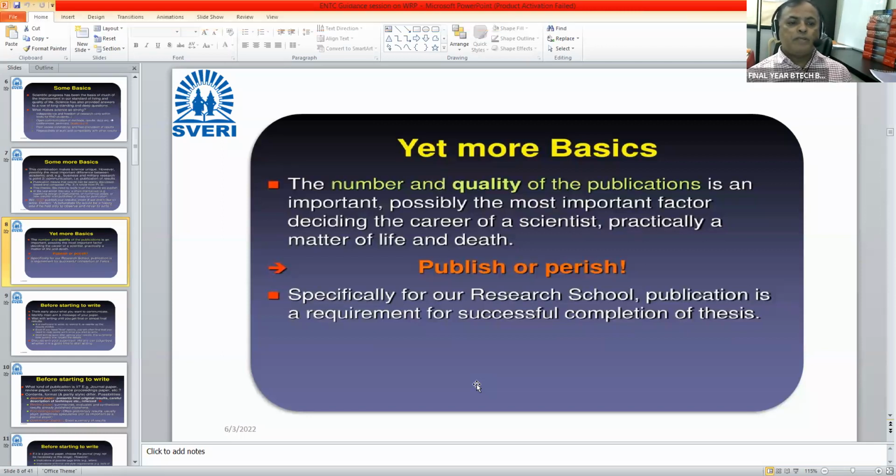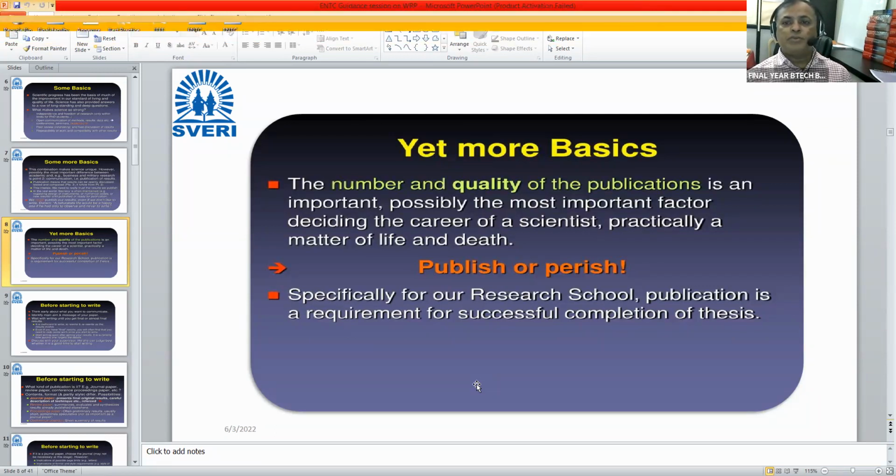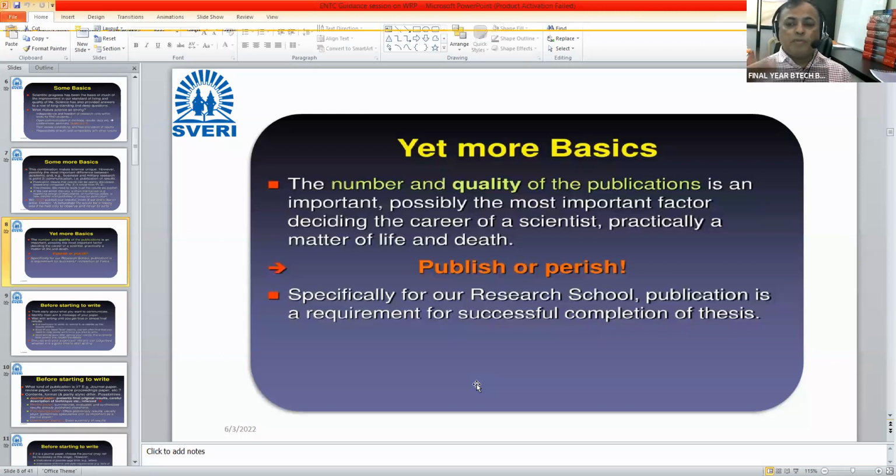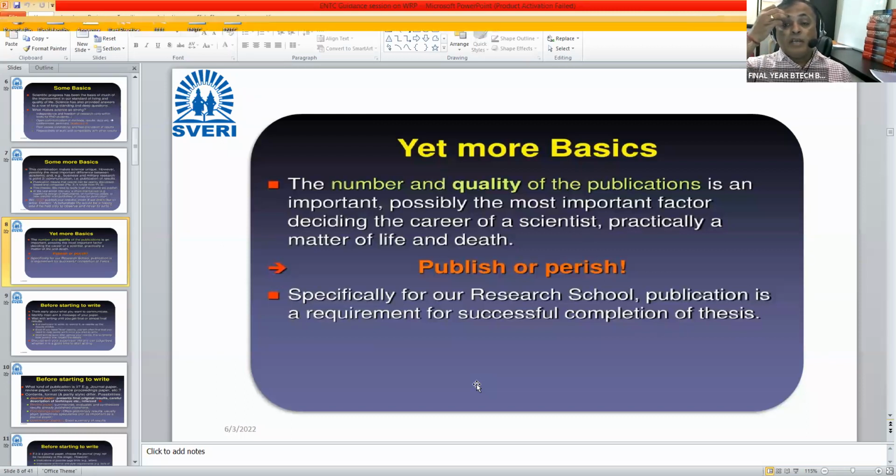So publish or perish means what specifically for your research school: publication is a requirement for the successful completion of thesis. Even if you go for higher education like MTech or PhD, nowadays publication has been made compulsory there also. Like you have to publish in SCI journals, or it may be Scopus journals.